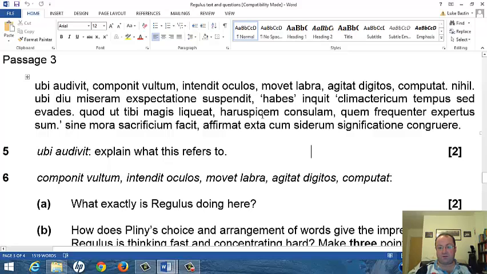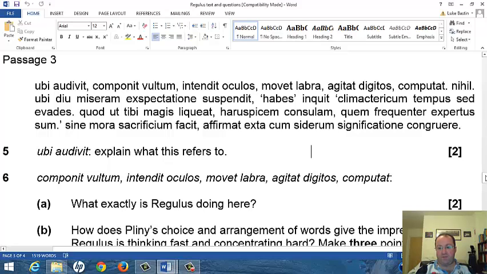I will consult a soothsayer whom frequently I make use of. Without delay, he makes a sacrifice. He confirms that the entrails are consistent with the interpretation of the stars.